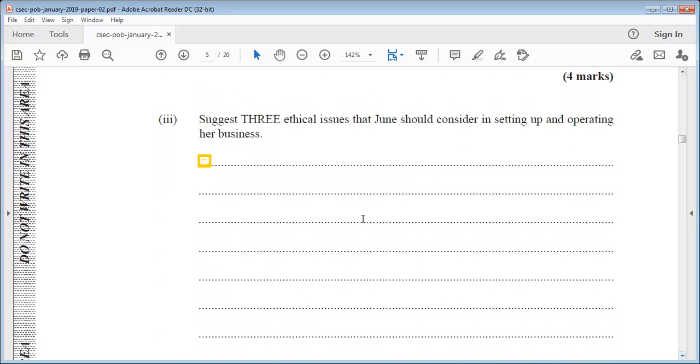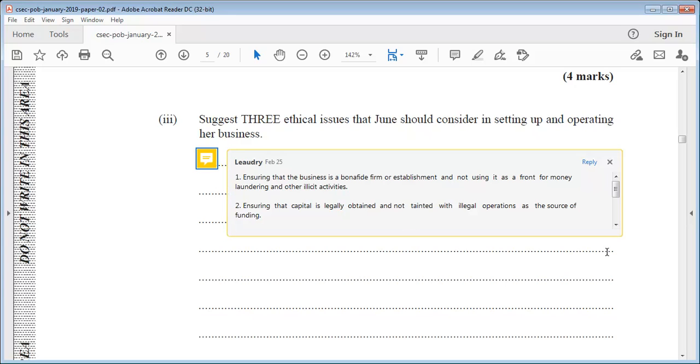The third part of the question says, suggest 3 ethical issues that June should consider in setting up and operating her business. So what are some ethical issues? Well, one, she should ensure that the business is a bona fide firm or establishment and not using it as a front for money laundering and other illicit activities.